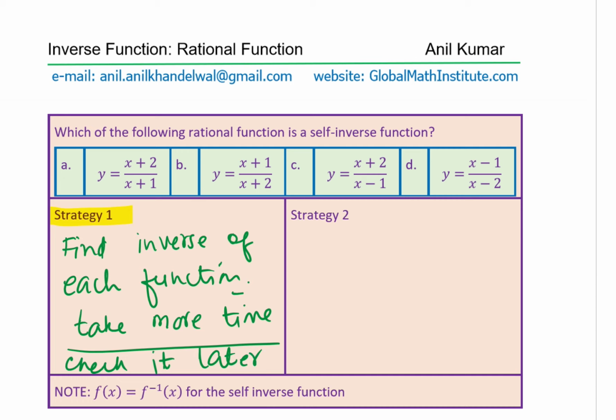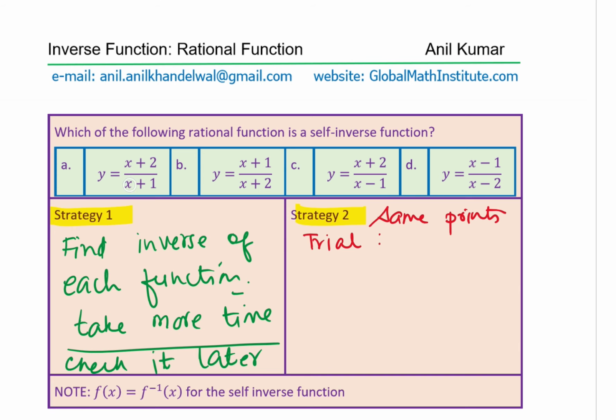Now, the other strategy here is looking into the idea that an inverse function should have the same points, correct? So we are looking for the same points. That means we can do trial and error.